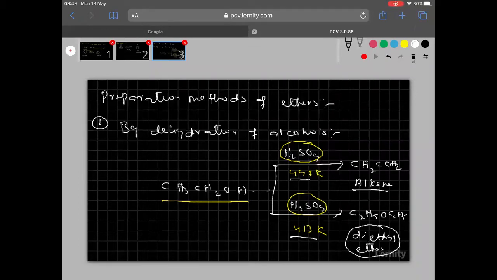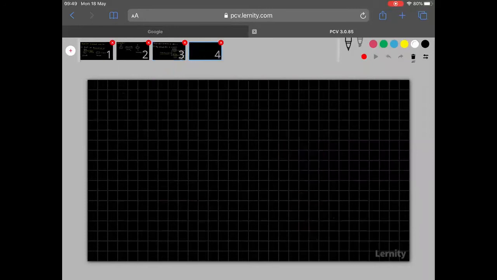Okay. Now in this mechanism, there are two important points I want to go into. Let me explain. Now see clearly. First of all, the formation of ether. Very important point. Formation of ether is an SN2 mechanism.